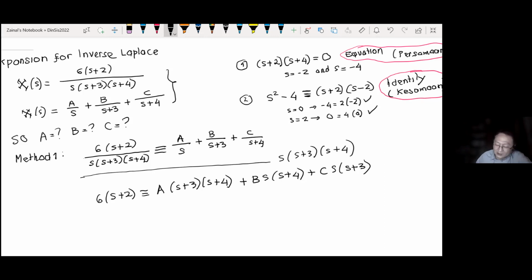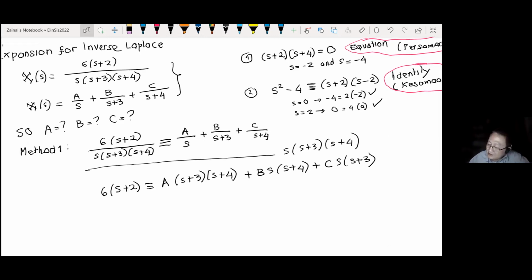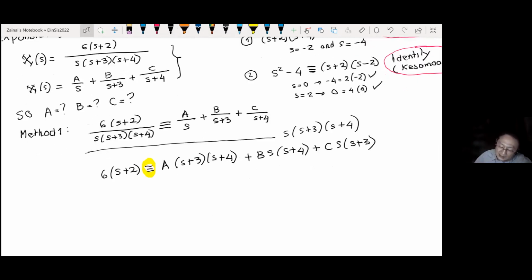Remember that this one is valid for any value of s, so just substitute any value. For example, if you choose s equal to 0, then this is 12, equal to, what is it?